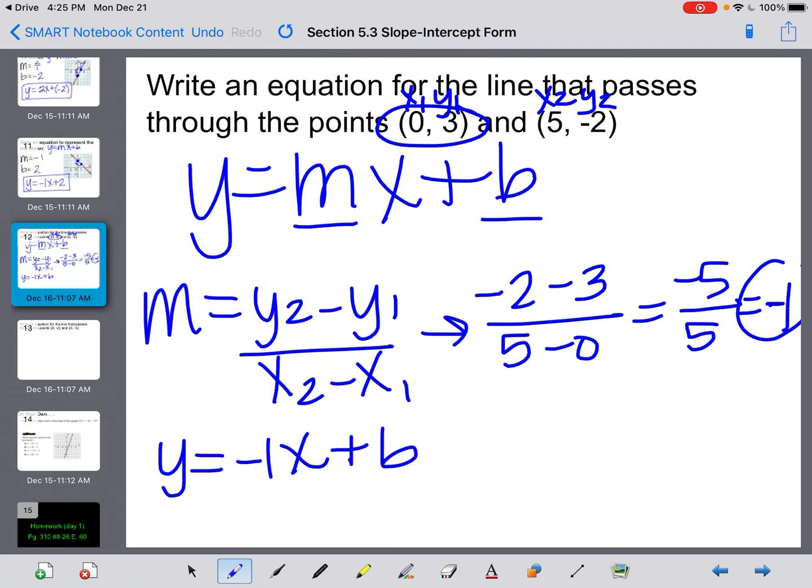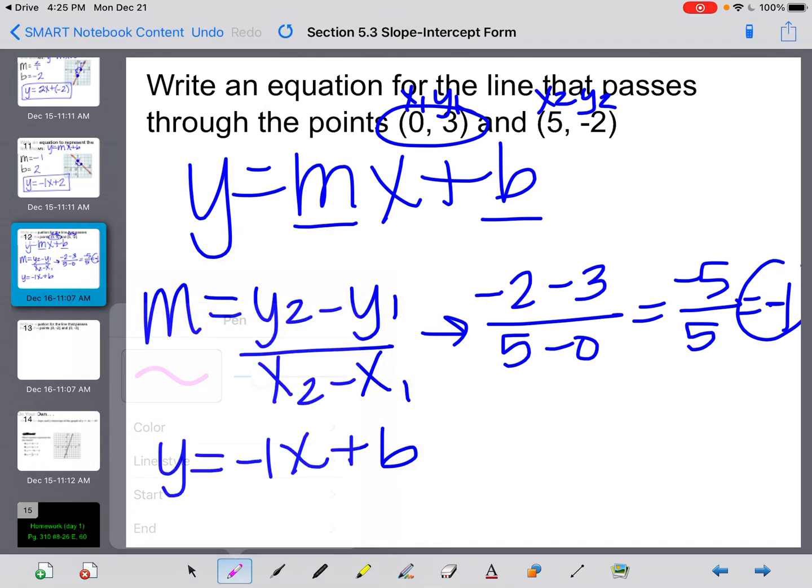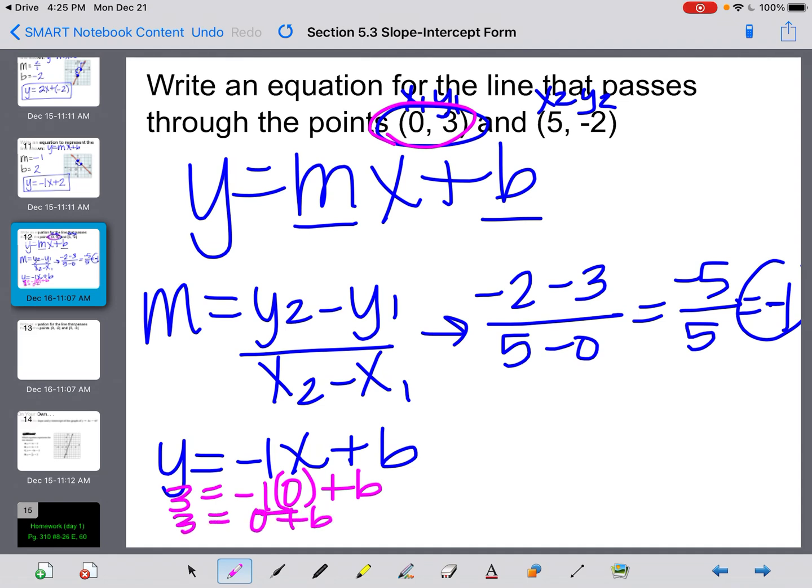So for example, I'm going to pick the point (0, 3), and I'm going to plug that in. I'll show you what I mean. (0, 3). So my y is 3, my x is 0, and I'm going to solve for b. So this negative 1 times 0 is 0. So I know that my b is equal to 3.